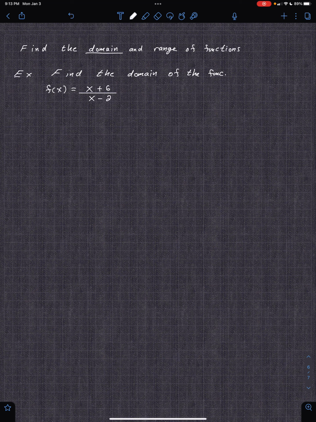I wanted to start here because I want to talk about this function. When we look at this function, what do we have to be careful of? This is a rational function. It's got a numerator and a denominator. Your numerator can be anything, any values up here, but what can we not have in a denominator?